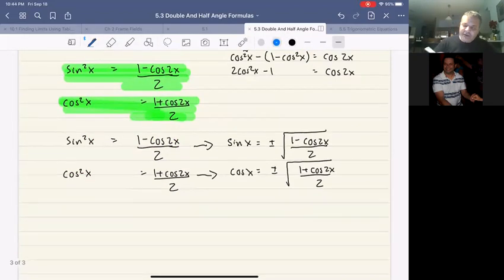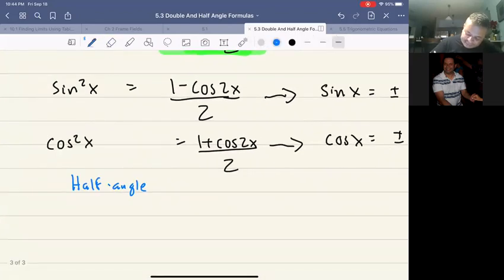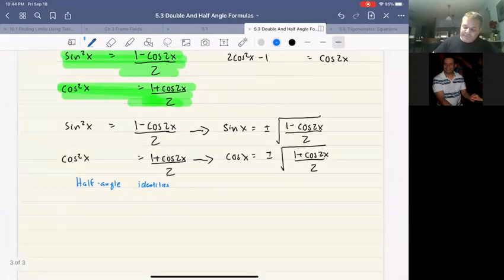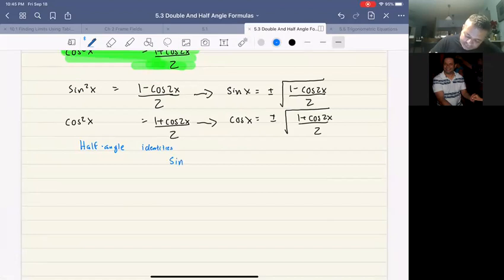So our half angle identities are: sine of theta over 2 is plus or minus the square root of 1 minus cosine theta divided by 2.